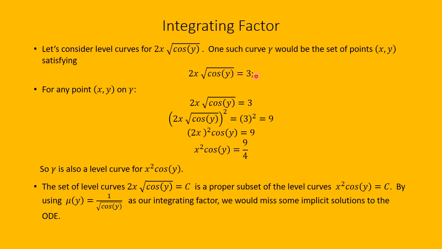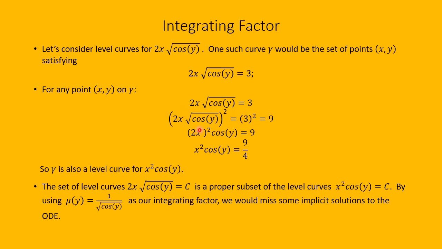If we have a curve gamma, which is the set of points x, y satisfying this equation, then for any point x, y on gamma, those coordinates would have to satisfy this equation. So let's square both sides. This squared equals 3 squared, which is 9.